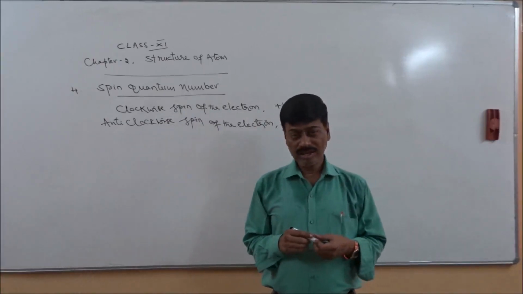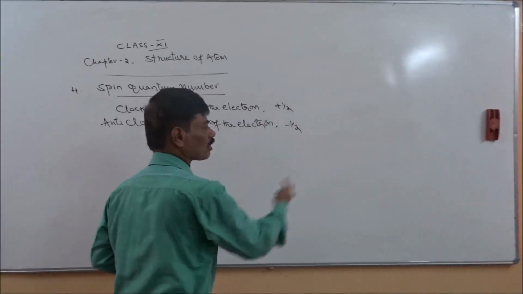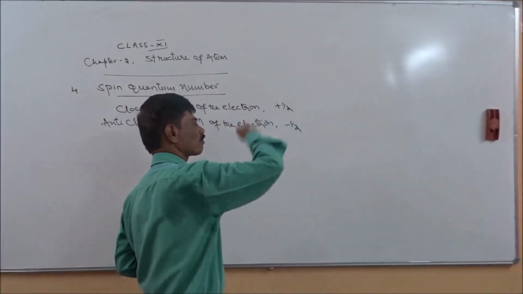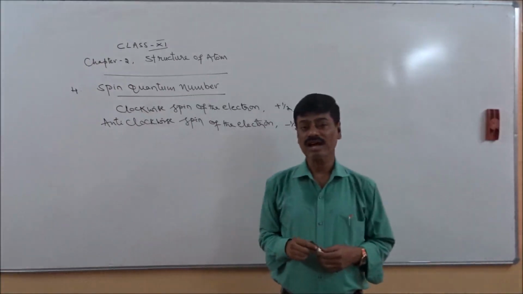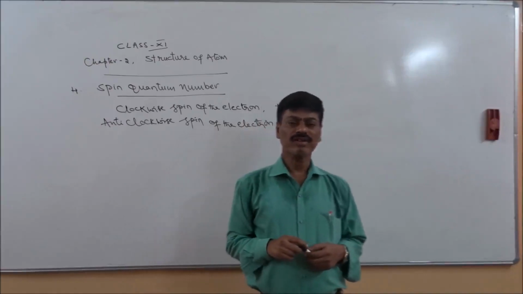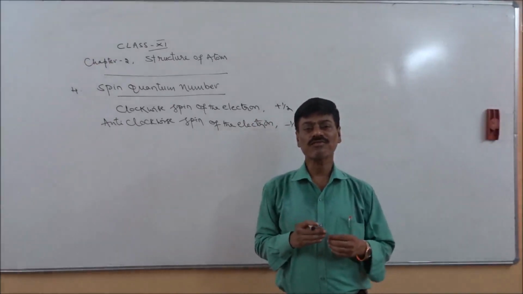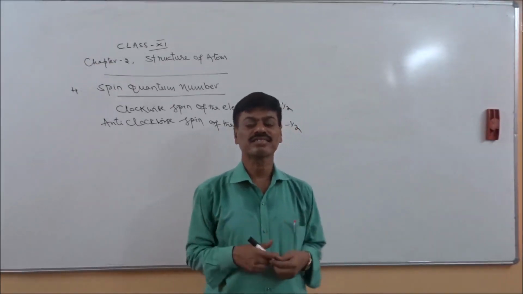Here, when the electron is spinning in clockwise direction in this way, and when it has anti-clockwise spin in this way, it leads to confusion sometimes that when the electrons are spinning in clockwise and anti-clockwise direction, there can be a chance for bombarding each other, that is hitting each other.